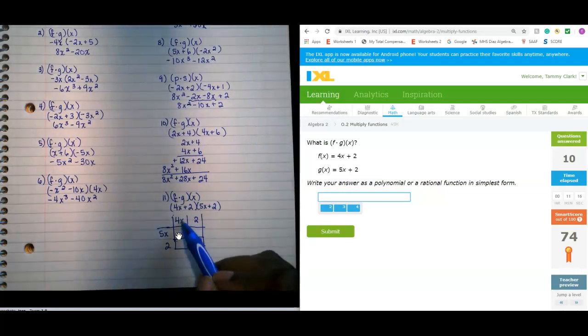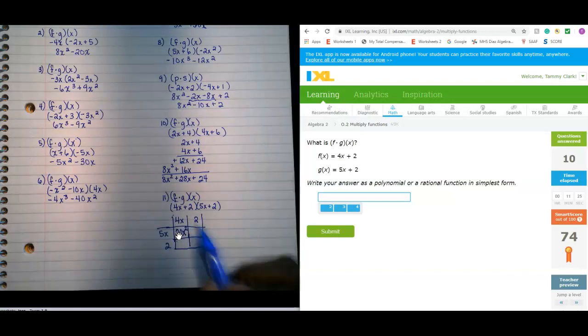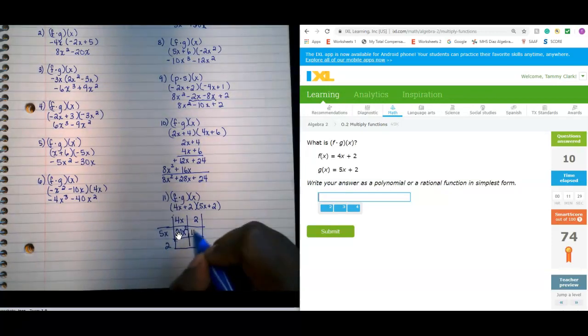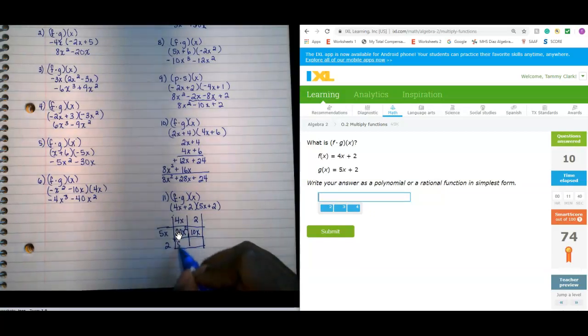So I'm going to do 4x times 5x, and the result of that goes in the box under the 4x. So I get 20x squared. And then I'm going to do 2x times 5x. That gives me 10x. Then I want to do 4x times 2. That result will go in this box.